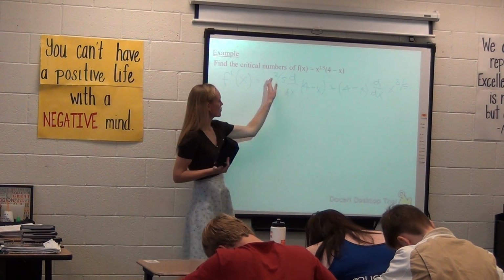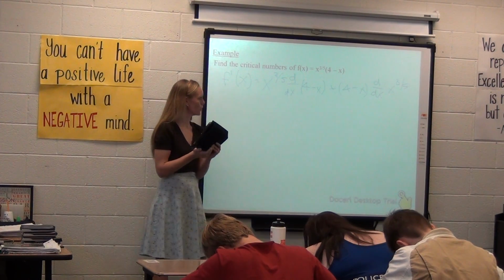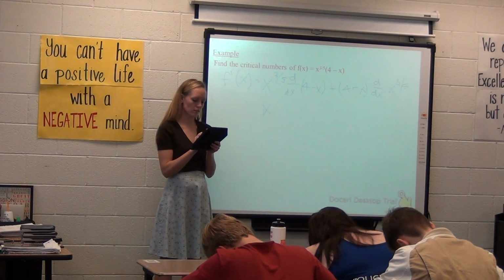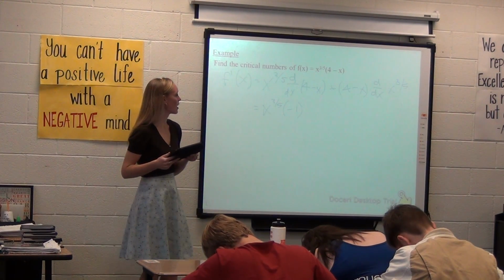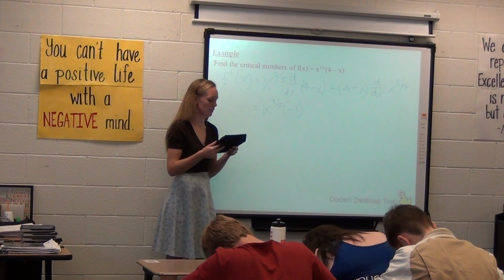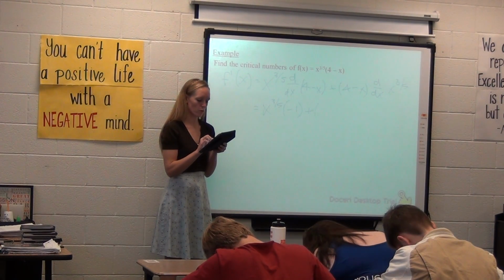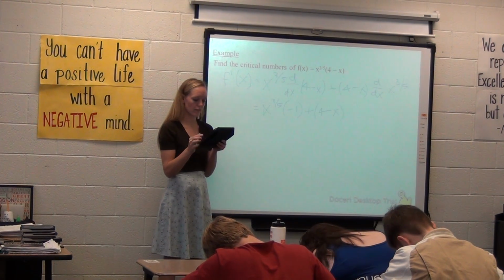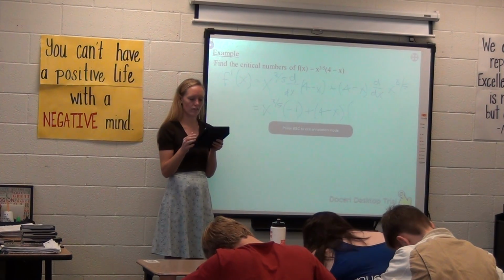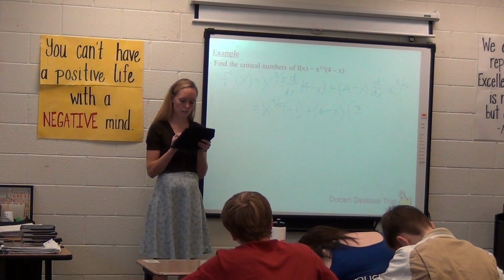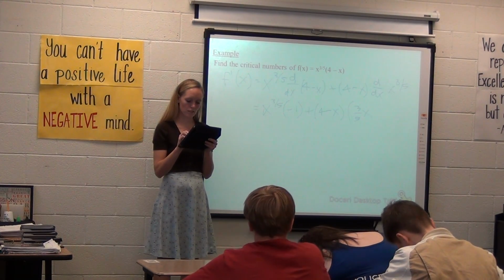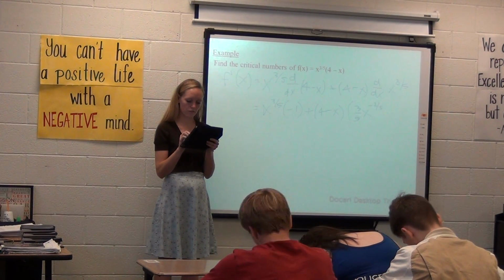The derivative of 4 minus x is negative 1, so we have x to the 3/5 times negative 1. Then we have 4 minus x times the derivative of x to the 3/5, which is 3/5 x to the negative 2/5.